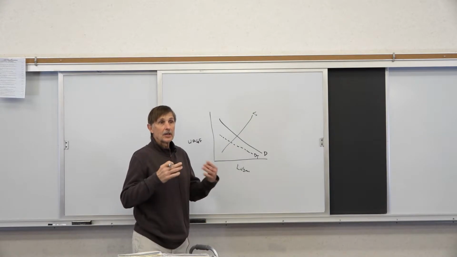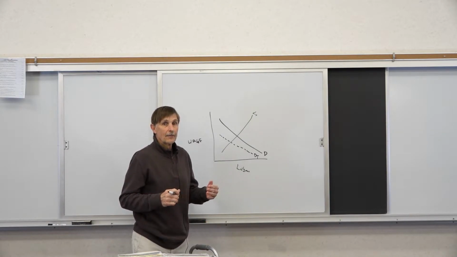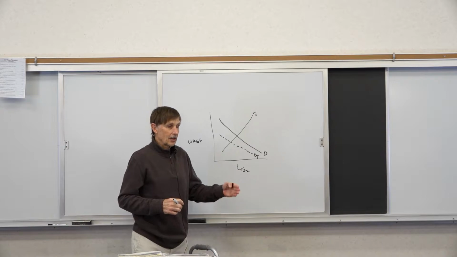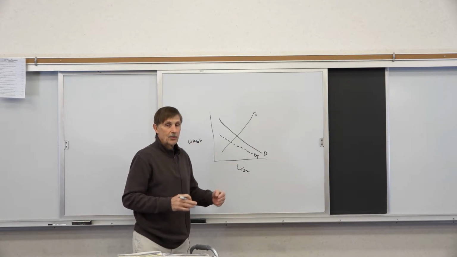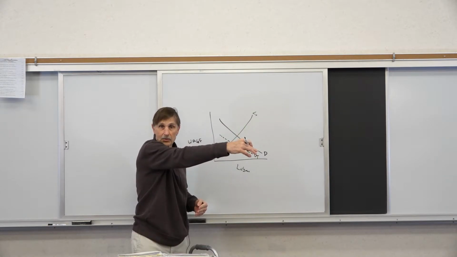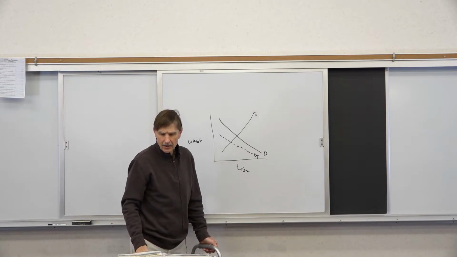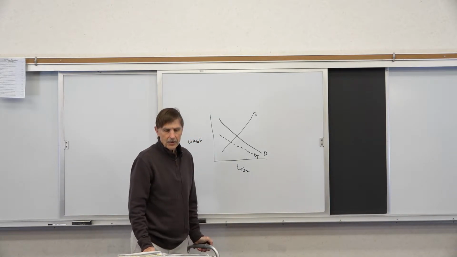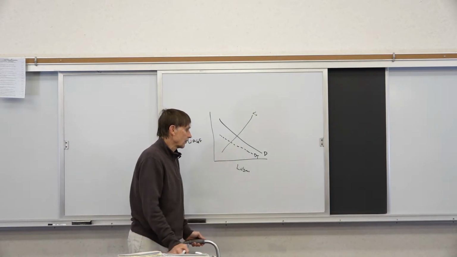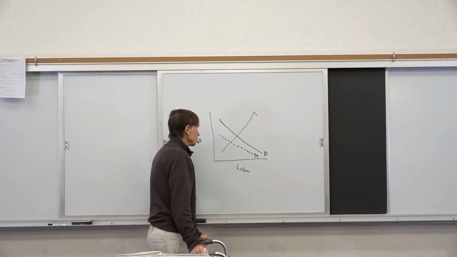Because I don't care that I'm having to pay $15 to you, or whether I'm paying $12 to you and $3 to the Social Security Administration or whatever, right? So if we have here that the tax is being paid by the employer, what's going to happen is we're going to get a drop in the demand curve. Well, then what will happen?